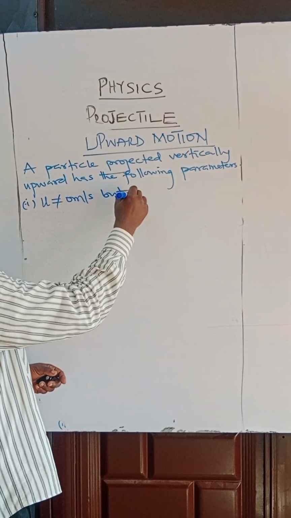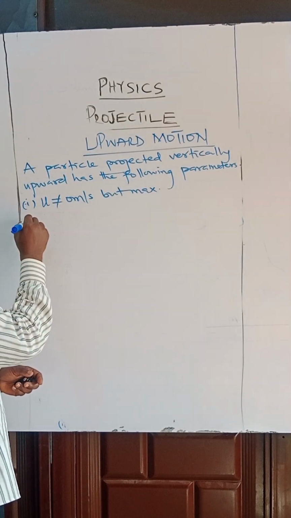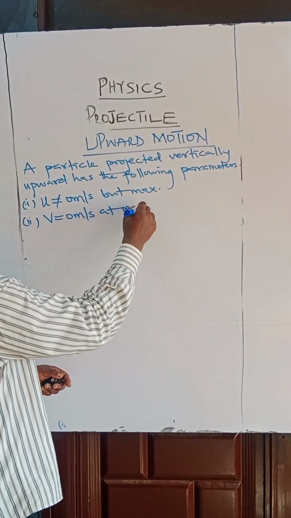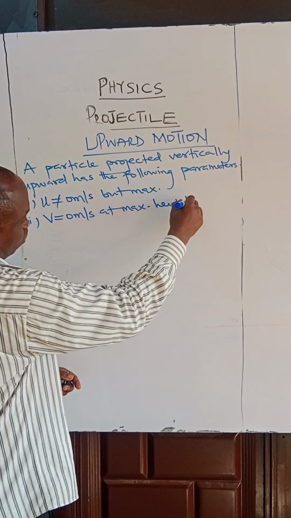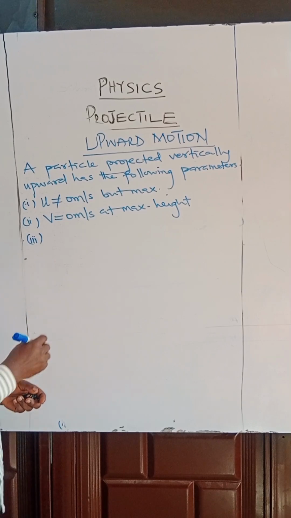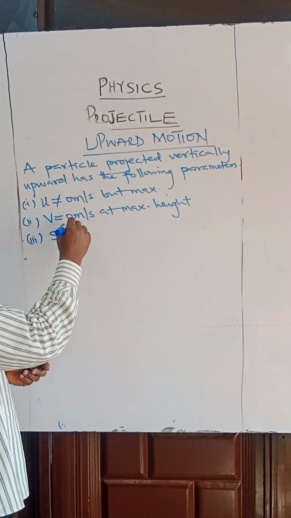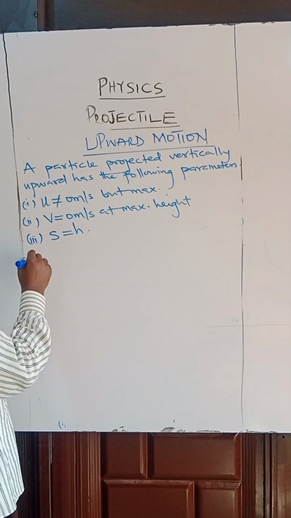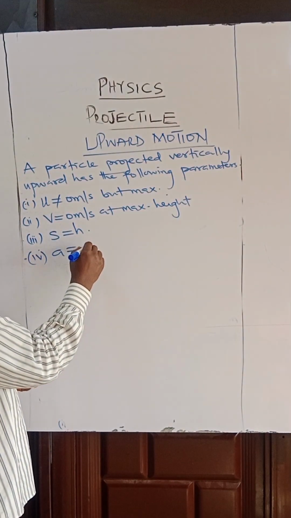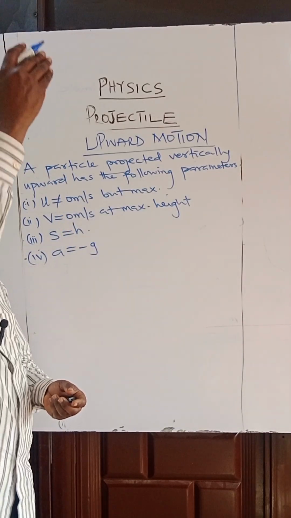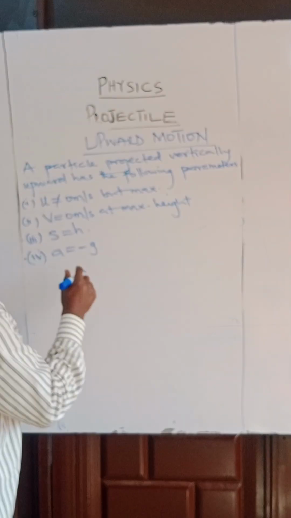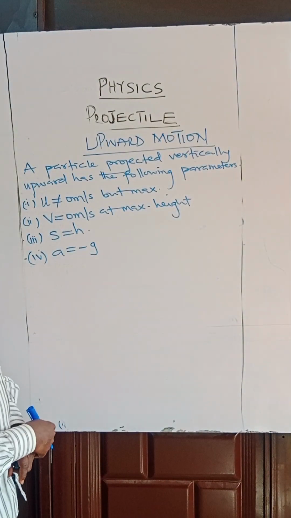Two, v is equal to 0 meter per second at maximum height; final velocity is equal to 0 at maximum height. Three, s is equal to h, height, and acceleration is equal to that of gravity, which is minus g. When a body is thrown vertically upward, it's moving against gravity, so it will be minus g. These are the parameters you are expected to know.